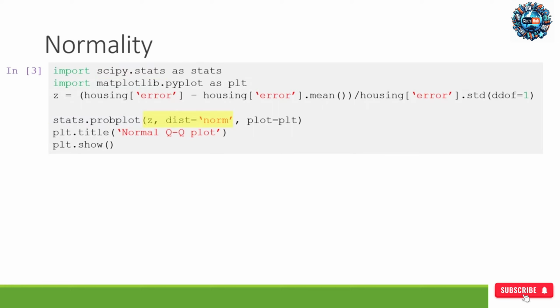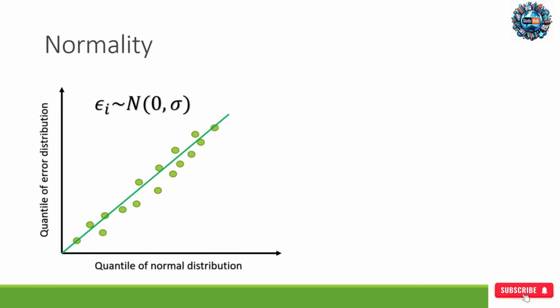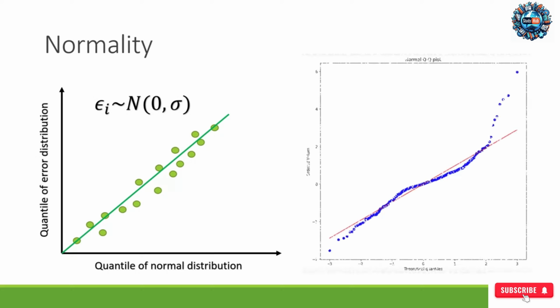The second term, dist equal to norm, is to compare the distribution of your standardized error with the normal distribution. If errors follow a normal distribution, they will fall roughly on the 45-degree line. In our model, it deviates a bit in the right tail, but overall, it satisfies the normality assumption.